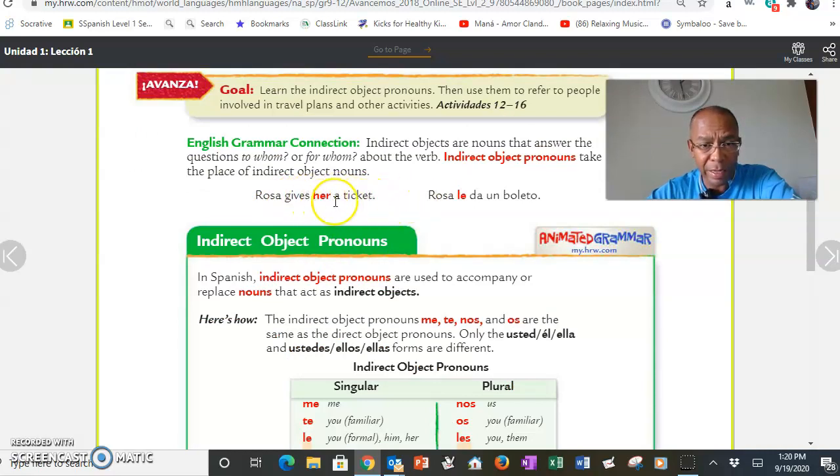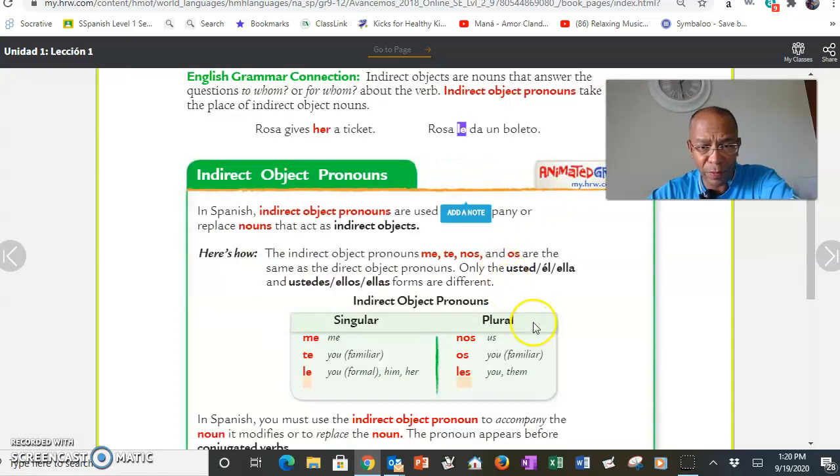Rosa gives her a ticket will be Rosa le da un boleto. As you notice, Rosa is doing the action to whom? To her. So that's what is replacing a noun and answers to whom this is being performed. The indirect object pronouns are me, te, le, nos, os, les. Le is for him or her, and les is for them, more than one.